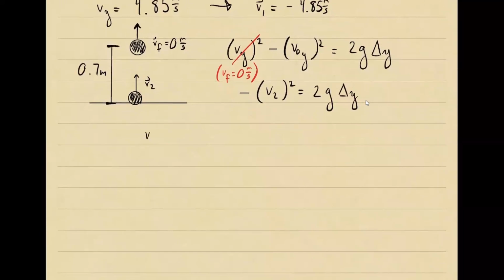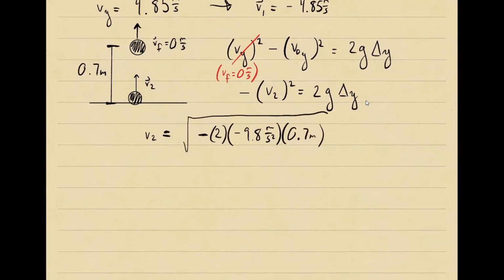So we have that magnitude for our rebounding velocity. That magnitude is going to be equal to the square root of minus 2 times g, which is minus 9.8 meters per second squared, times our displacement, which is positive 0.7 meters going upwards. And all this under the square root.